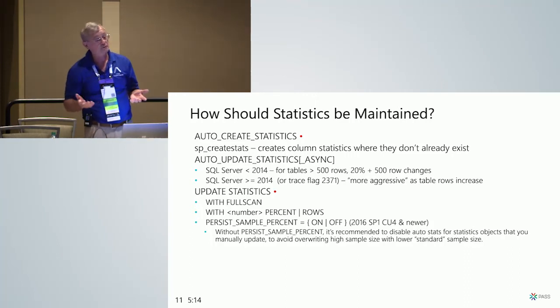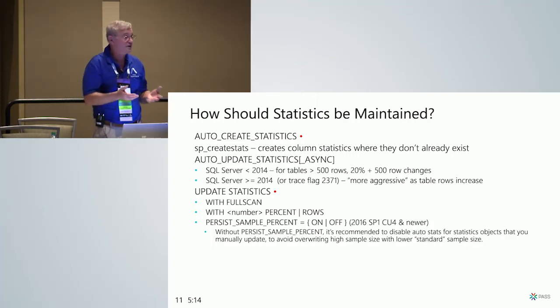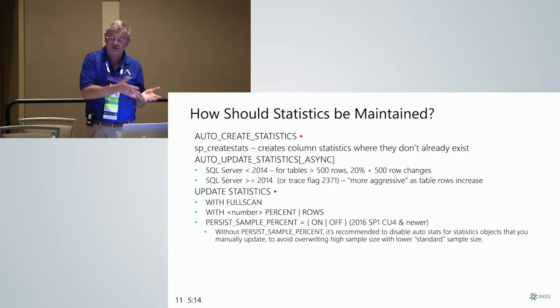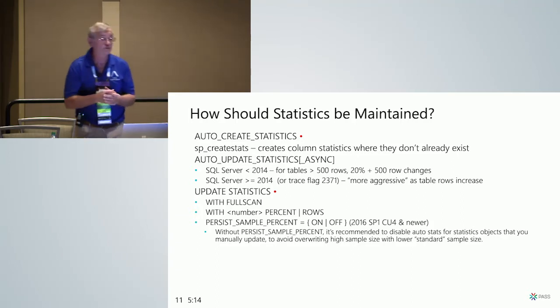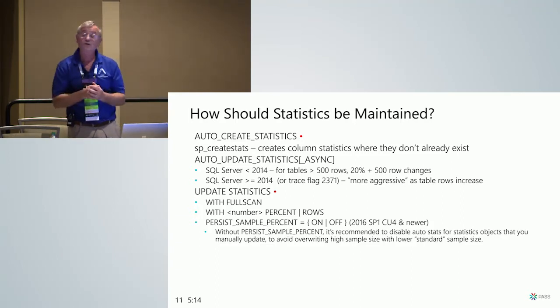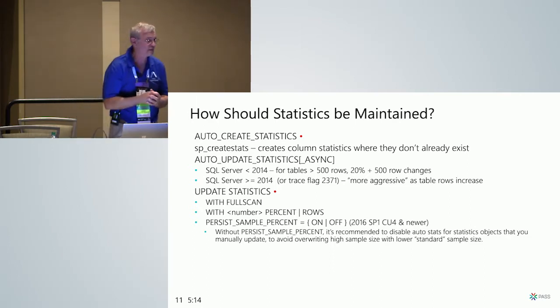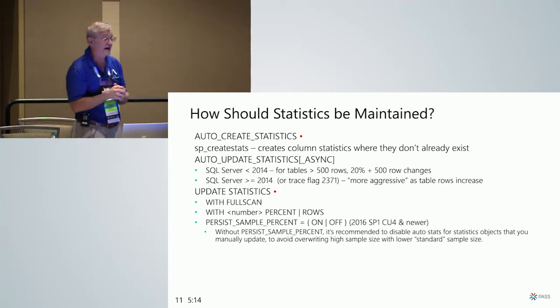So you might determine that for a given column the default sample size doesn't result in good statistics, and you want to override that. So you can specify with full scan, and it does a full scan. Larger tables, be wary, that could take several seconds, milliseconds. Is it blocking? No, it is not.